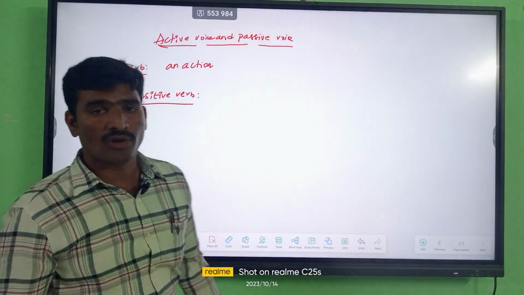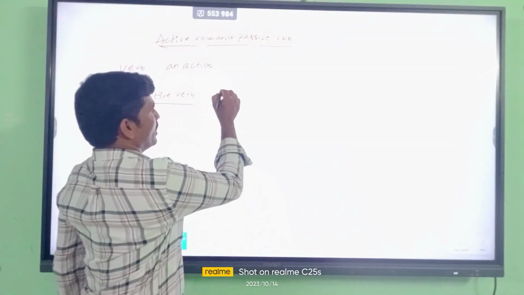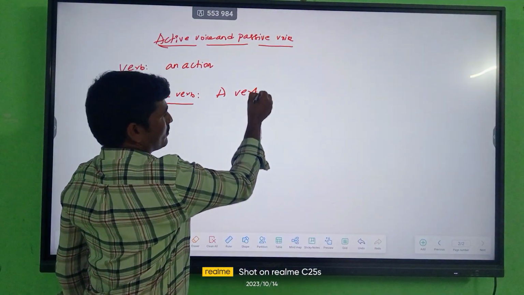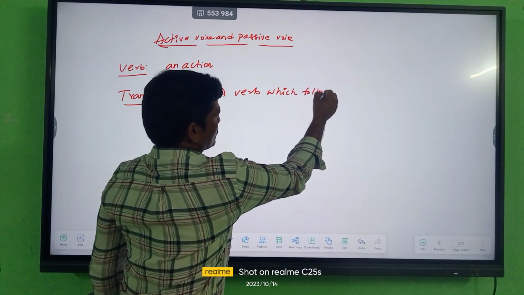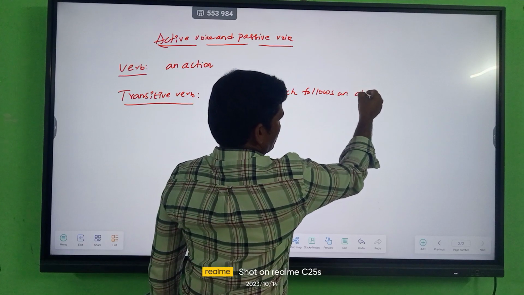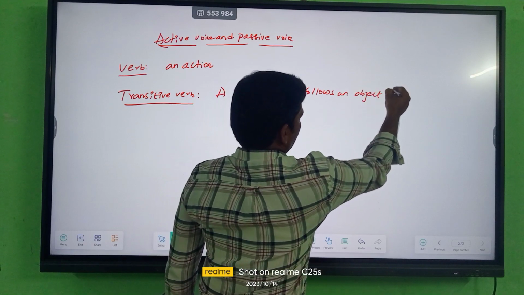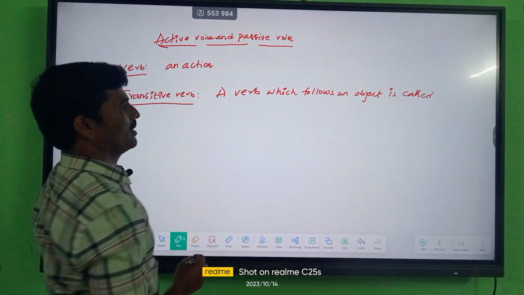A verb which follows an object is called a transitive verb.